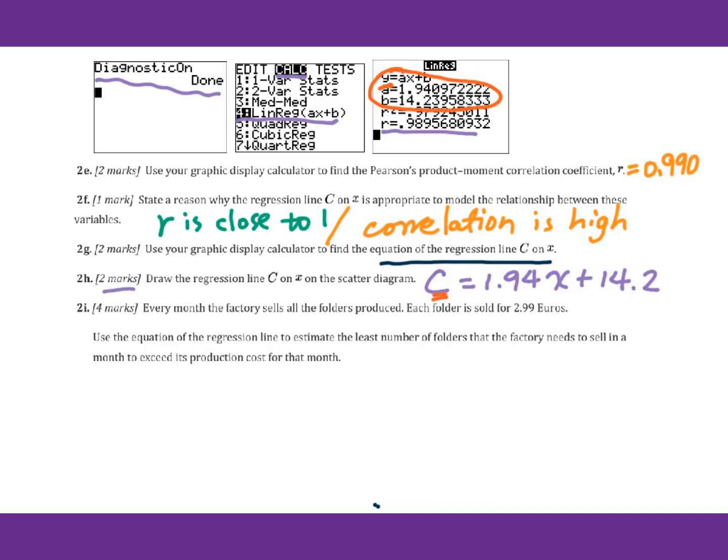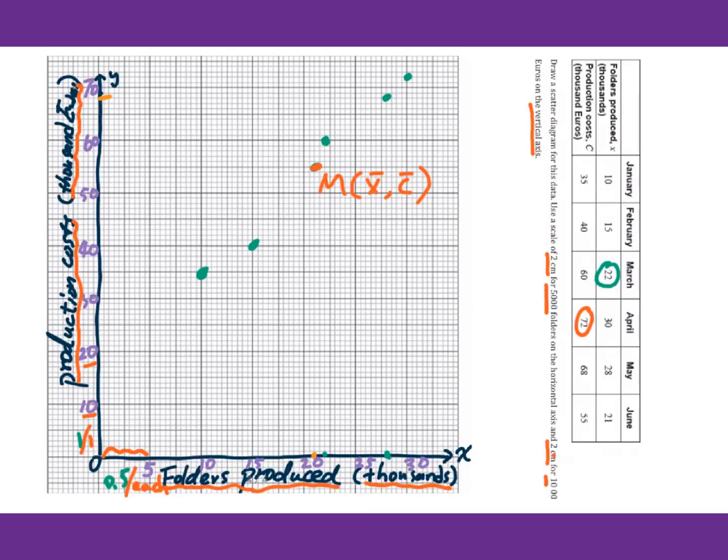For 2H, draw the regression line C on X on the scatter diagram. Remember the y-intercept, that's 14.2. So try to get the 14.2, it's here. Then your line has to pass through this point. That's the mean point. Basically, I just connect these two when you draw this linear regression line.